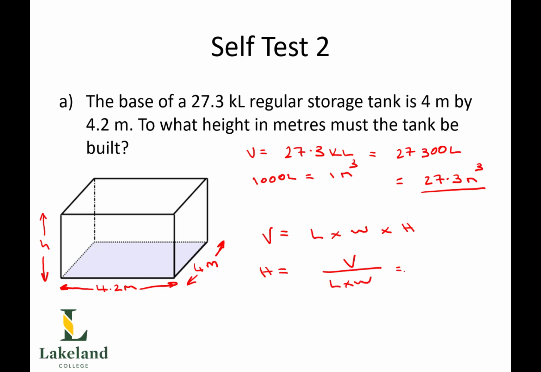If we substitute our values in, that will be 27.3 divided by 4.2 times 4. If we push all that into the calculator, 27.3 divided by, open bracket, 4.2 times 4, close bracket, equals, I get an answer on my calculator of 1.625, and as that's a height, that will be in metres.